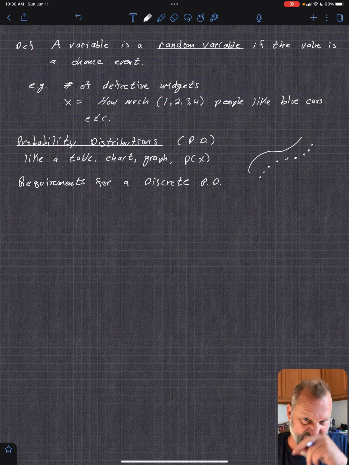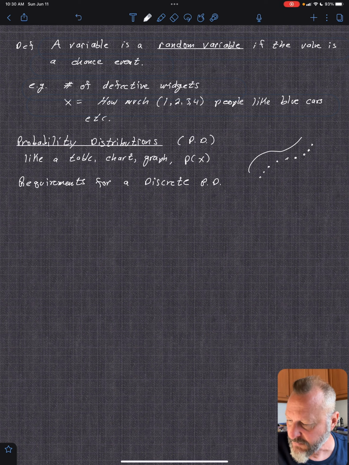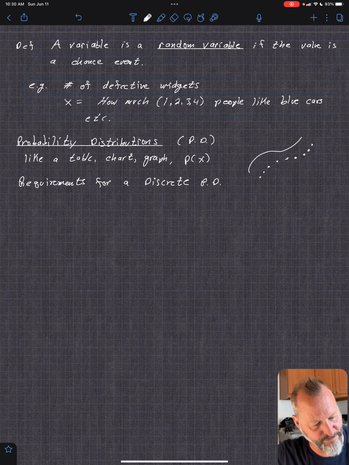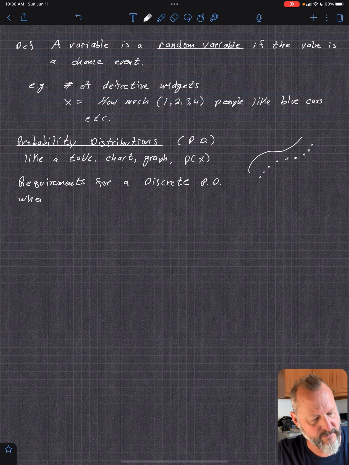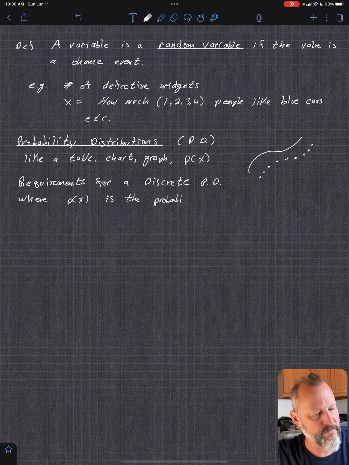Not going to get too much into those details after that. All right, so requirements for a discrete probability distribution, where P of X is the probability of X, so the probability that it occurred.